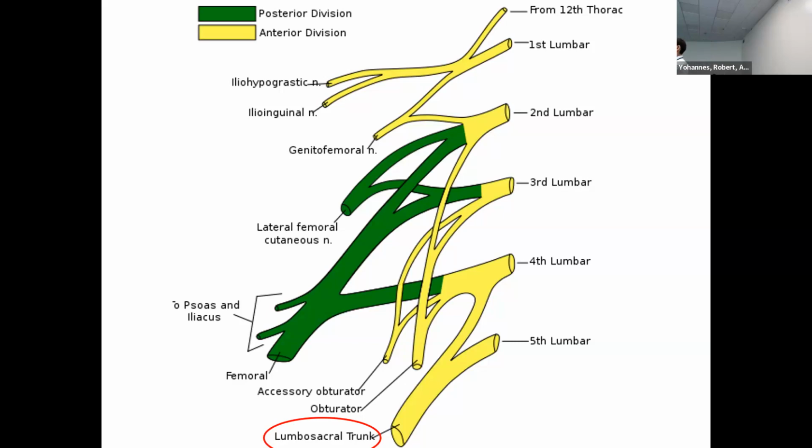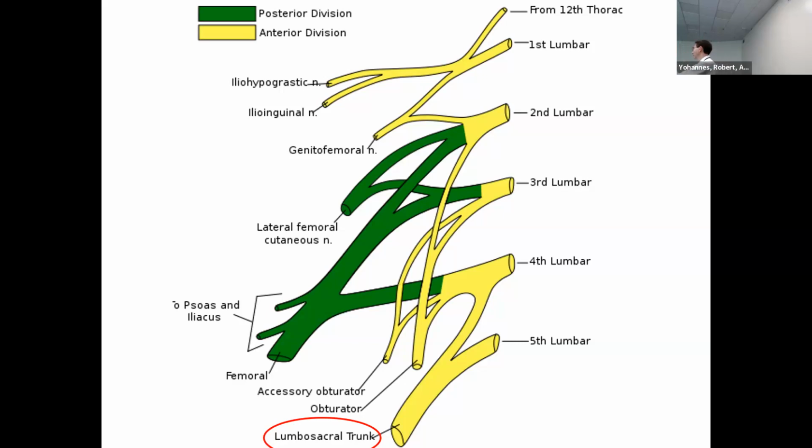Now we're going to mention a very important structure, which is called the lumbosacral trunk. You can look at it as the lumbar and sacral areas branching, and in the middle you have L5, which forms the lumbosacral trunk.